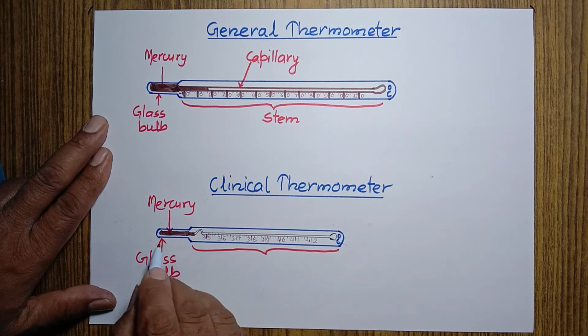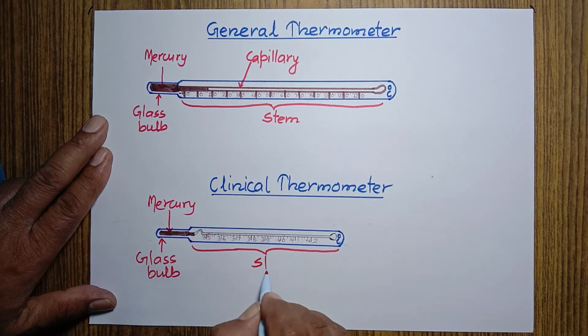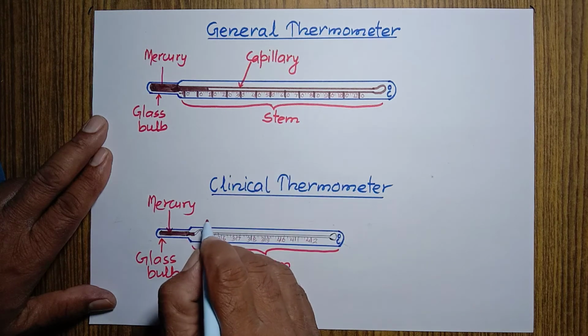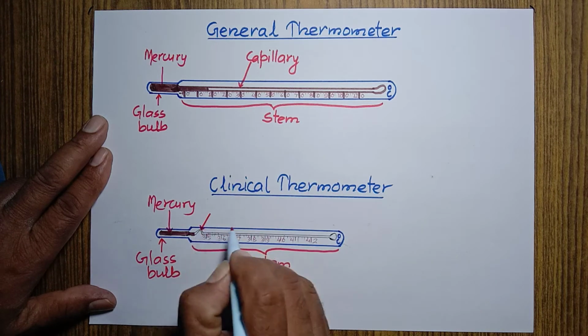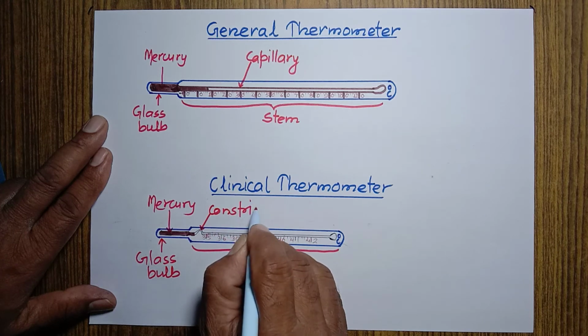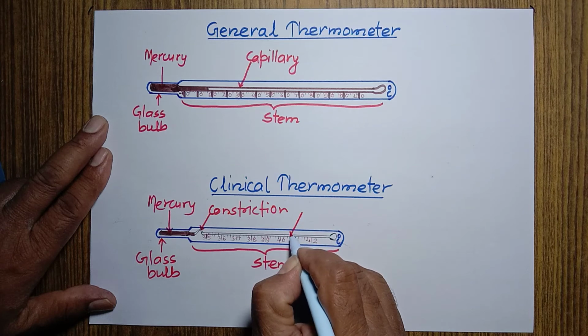One is the glass bulb at one end and the other is the long stem. The basic difference between these two is this one. This is the constriction and this is the capillary.